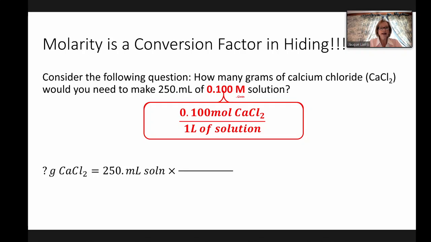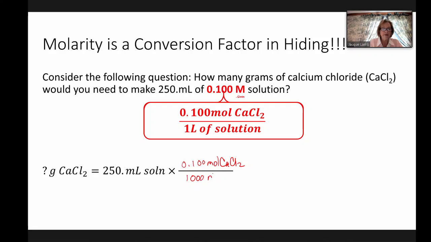So in this problem, how many grams of calcium chloride would you need to make 250 milliliters of a 0.1 molar solution? That's 0.100 moles of calcium chloride per 1 liter, or we can actually say 1,000 milliliters.